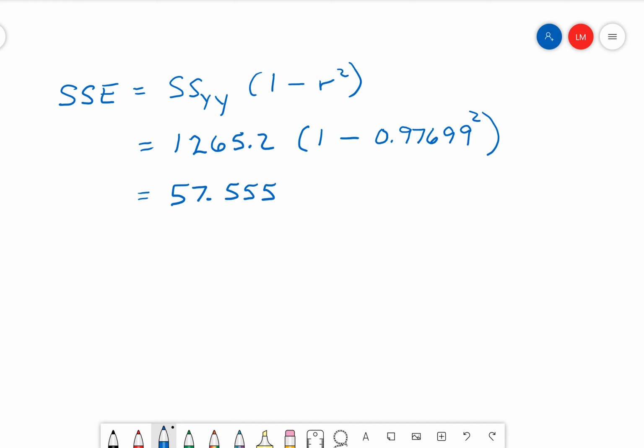So the variance of the error would be SSE divided by n minus 2.